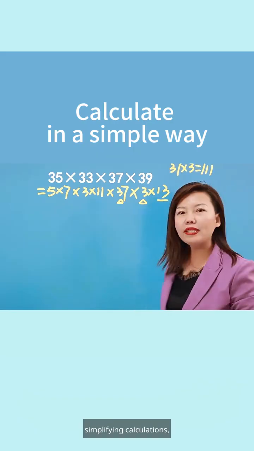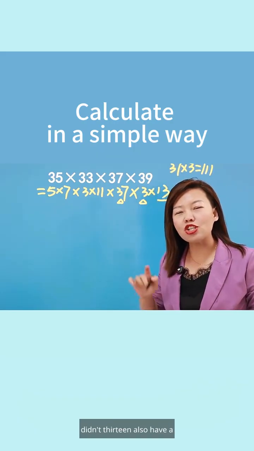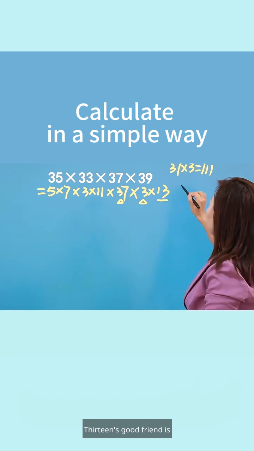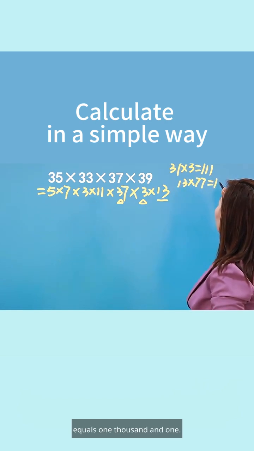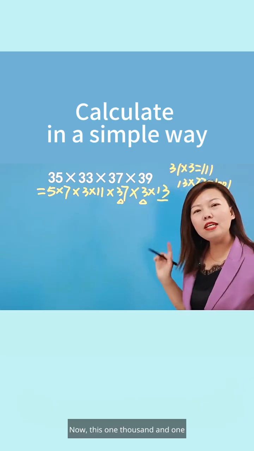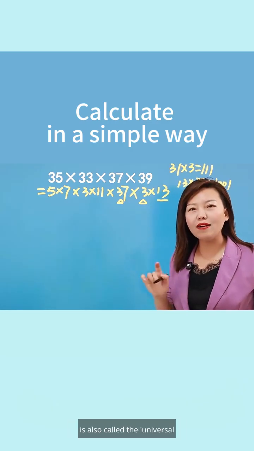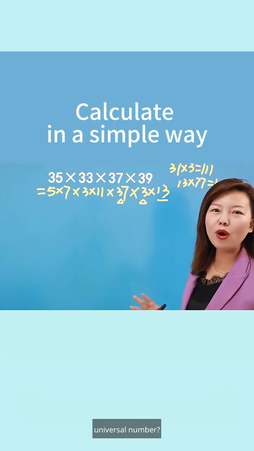When we learned about simplifying calculations, didn't 13 also have a good friend? 13's good friend is 77 because 13 times 77 equals 1001. Now, this 1001 is also called the universal number. Why do we call it the universal number?